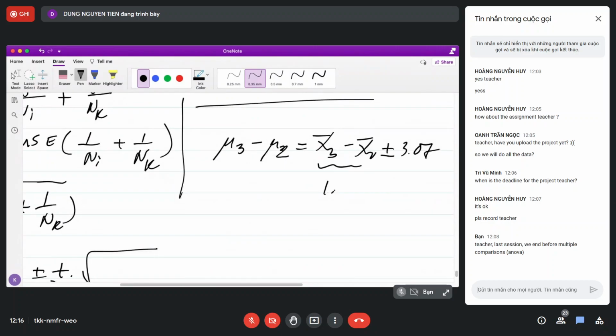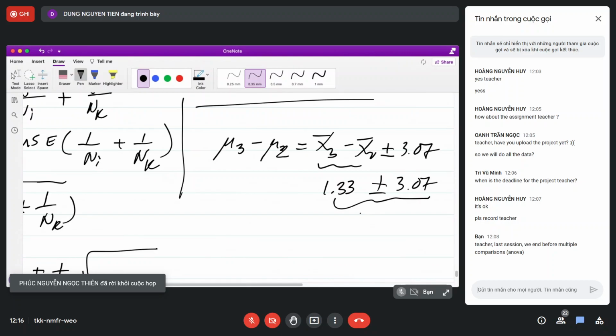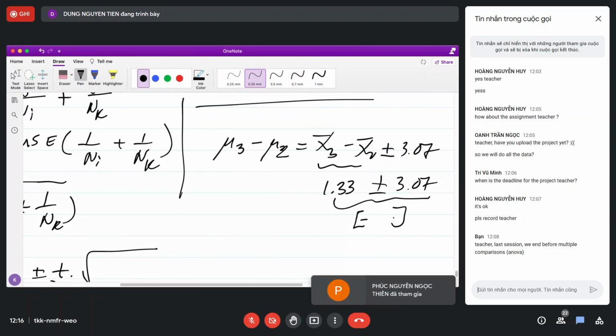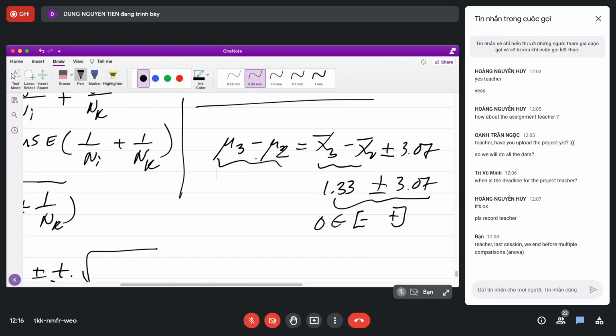So you get 1.33 plus or minus 3.07. This is an interval that contains the value 0, minus to plus. So 0 belongs to this interval, and the difference might be equal to 0. Therefore, mu2 and mu3 could be the same.